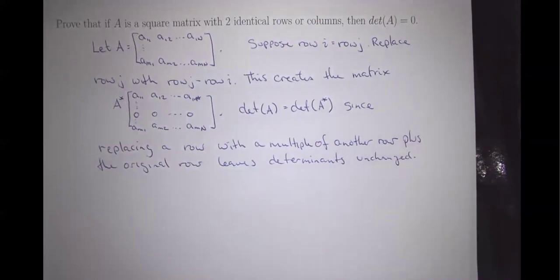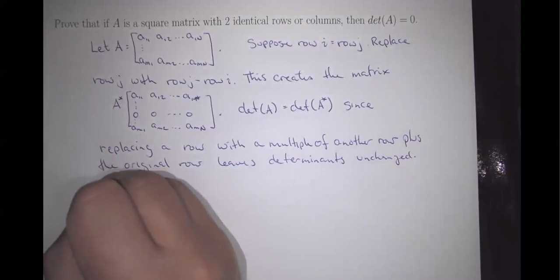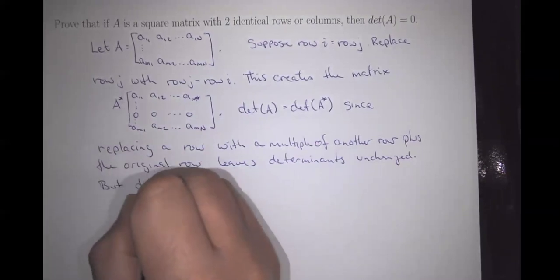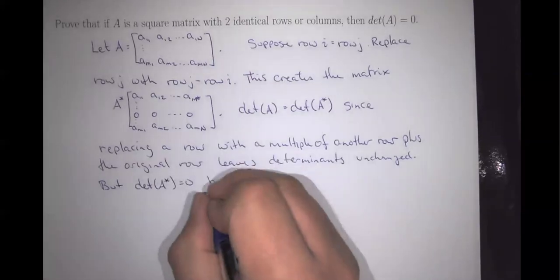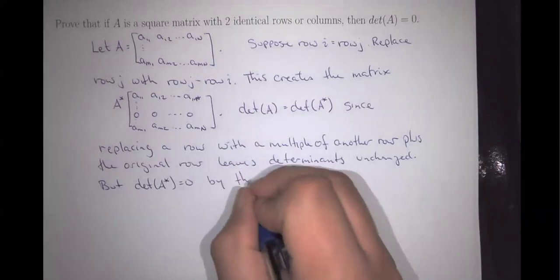But we know that any matrix that has a row or a column of zeros has determinant 0. So determinant of A star equals 0 by the Laplace equation.